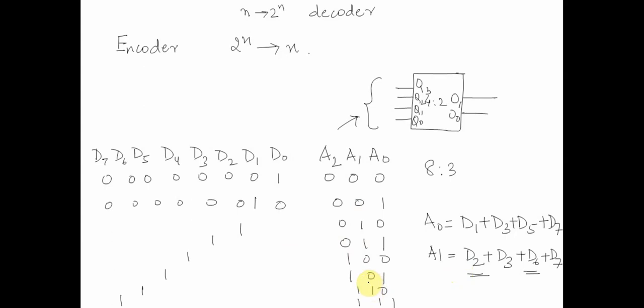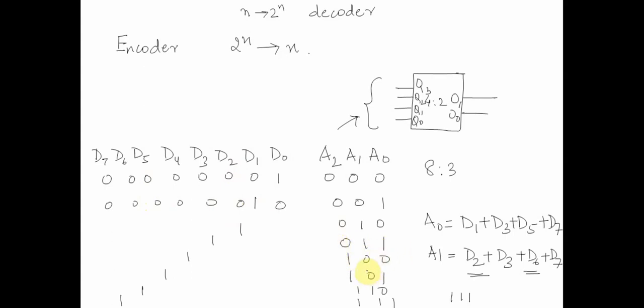D2 and D6 will not be a problem because both of them are in the 2 and 6 line frame. But let's assume that D3 and D6 is the problem. If D3 and D6 are 1, my output would be 1, 1, 1, because D3 is 1 and D6 is 1. So basically D3 ensures that all 3 bits become 1.